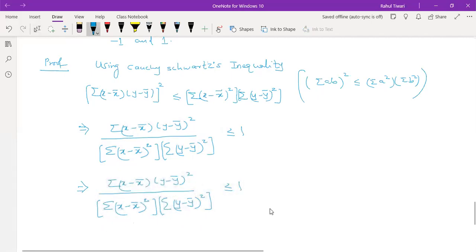You can just divide by n here. So this is the whole square.